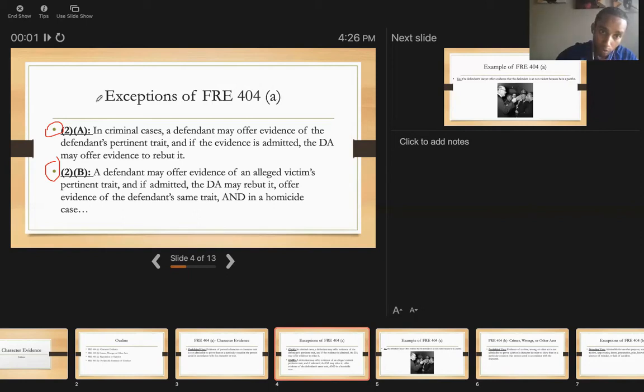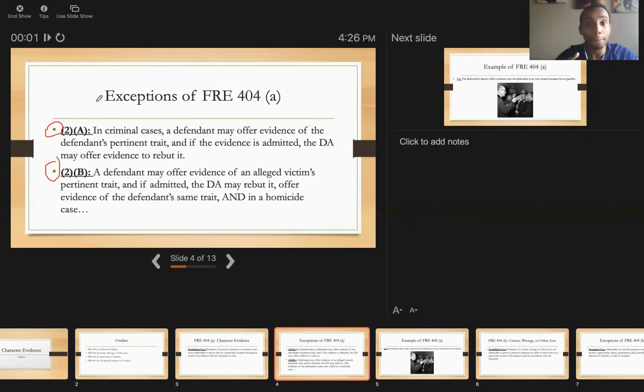When that happens, the prosecutor can rebut that evidence and find ways to paint the victim as a non-violent person. Moreover, the prosecutor can also offer evidence that the defendant has that same trait. So in our example of self-defense, the prosecutor can say, hey, look, court, the victim is not the first aggressor. The victim is not a violent person. The defendant is.